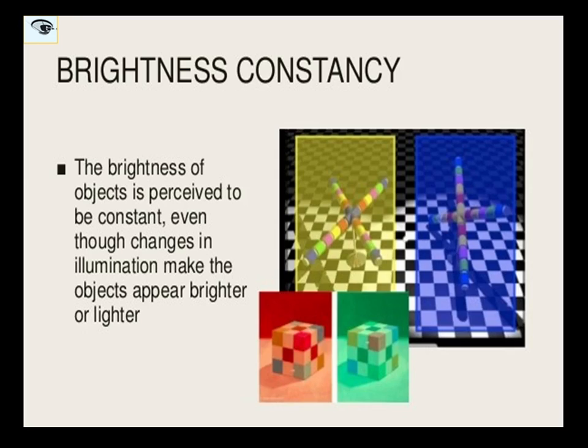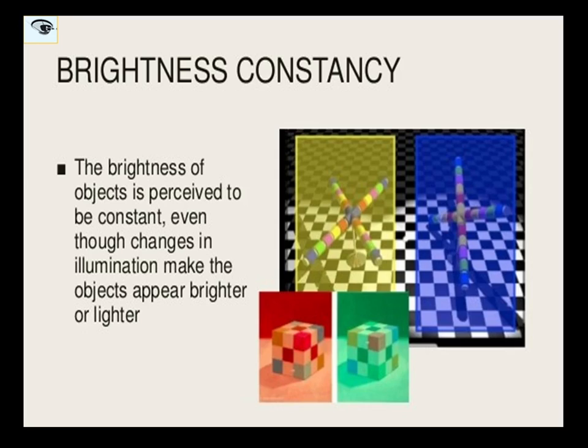It all depends on the changes made in the illumination. But again, the brightness that I am perceiving of the object will remain constant. That's the meaning of brightness constancy.